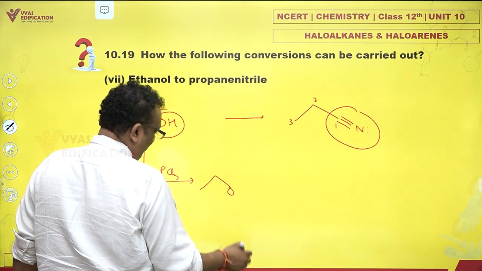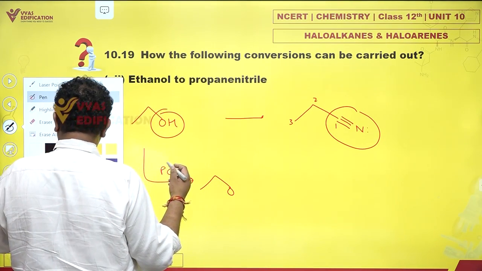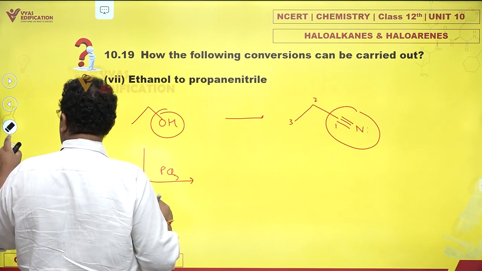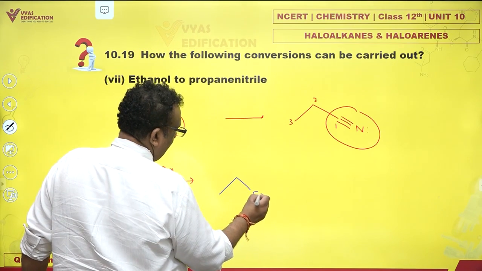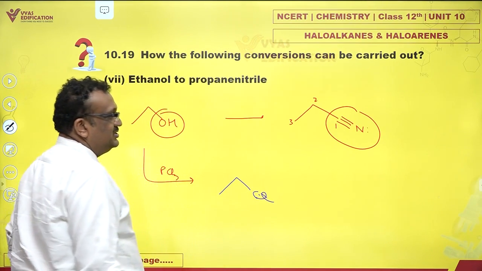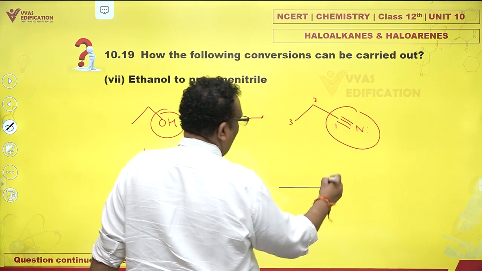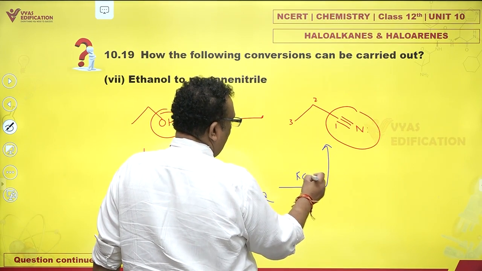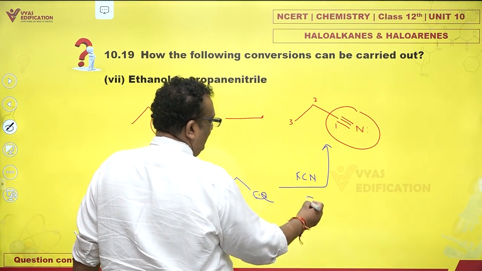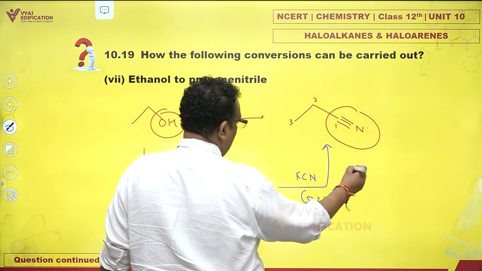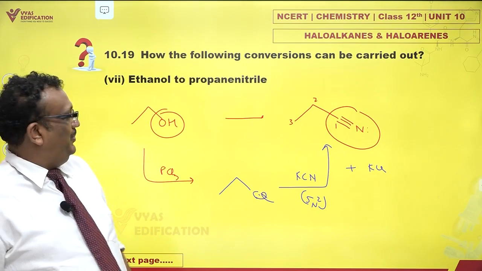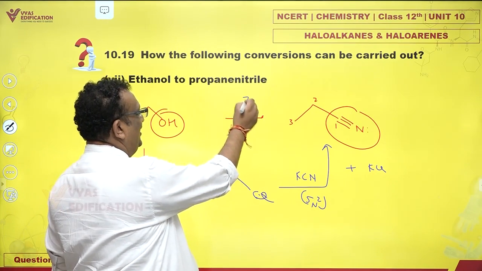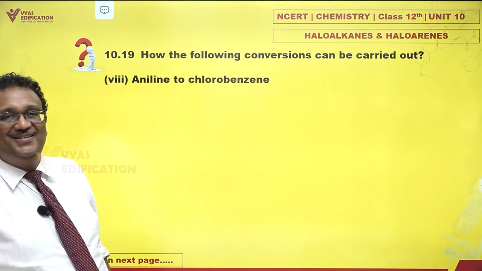You get, instead of OH, you get Cl. Yes. And Cl, add potassium or sodium cyanide. Classic SN2 attack. You get this plus KCl. Simple, beautiful 2 steps. And you have this, right?